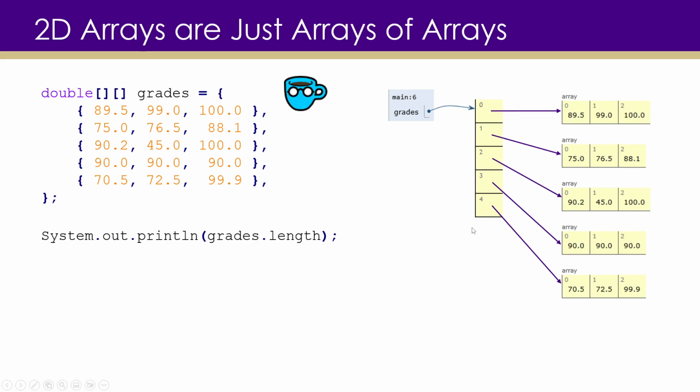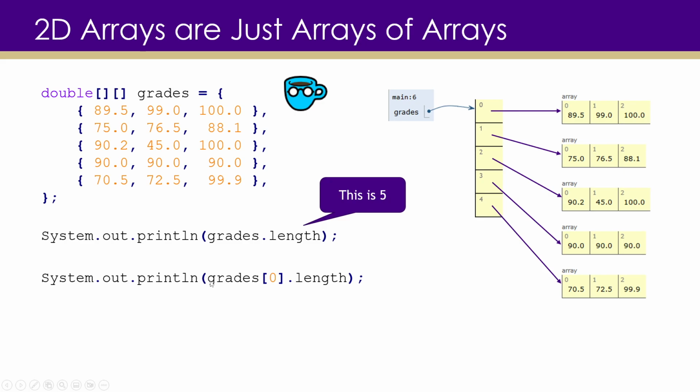That's referring to just this array right here. And so grades.length is 5 elements. There's only 5 things that grades points to. It doesn't count any of these; it doesn't care about those. It's just how big this initial array of rows is.